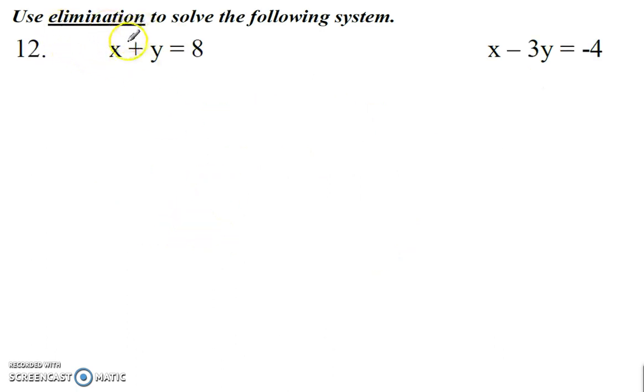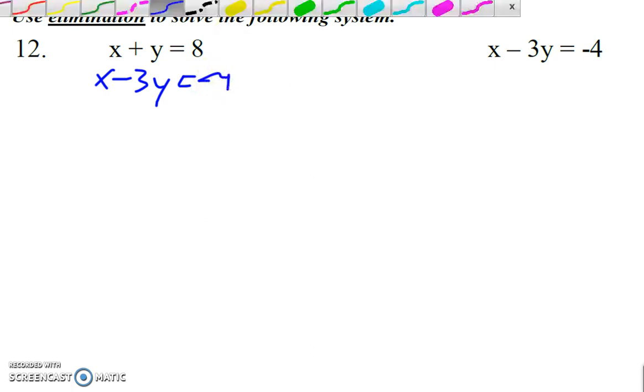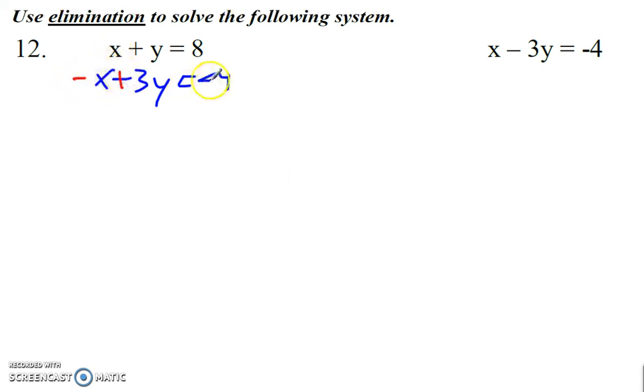This says use elimination. Doesn't matter which one you use, really, but I'm going to line these up. y minus 3y is equal to negative 4. I want opposite coefficients, so I'm going to multiply this by negative 1, which means I change all the signs. Okay, that's a plus, this is a plus. So now these will cancel out.